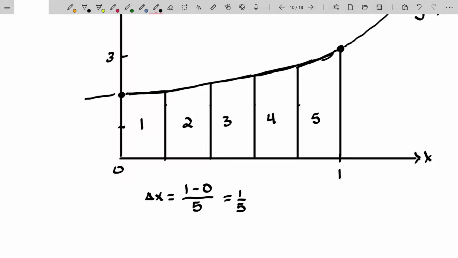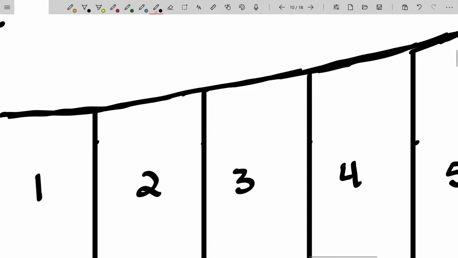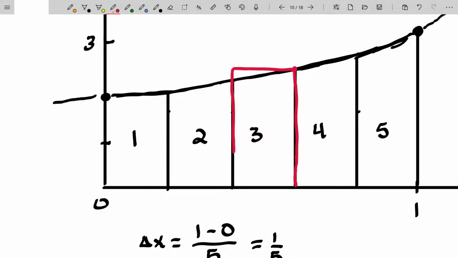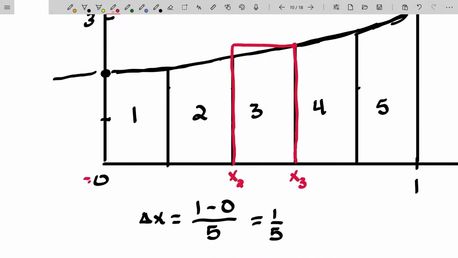And if I want to use right endpoints, then, for example, in the third interval, because it's more obvious there, using the right endpoint, we have something like this. This will be the rectangle we're going to use to approximate the area of that third subinterval. Now, that third subinterval starts at x sub 2 and ends at x sub 3, mainly because our first interval starts at x sub 0 and ends at x sub 1.